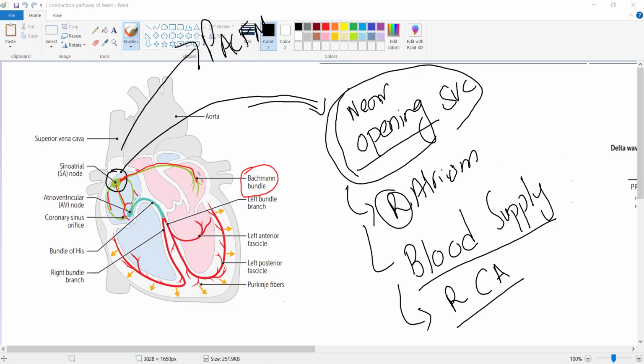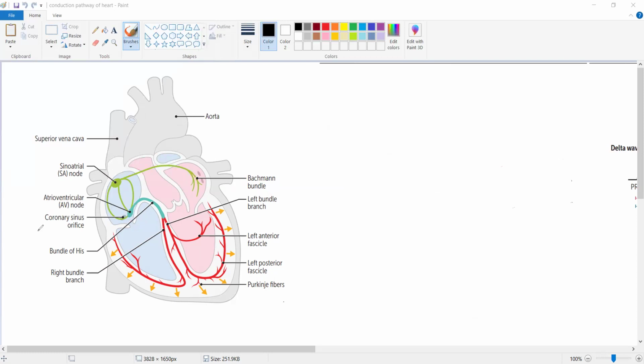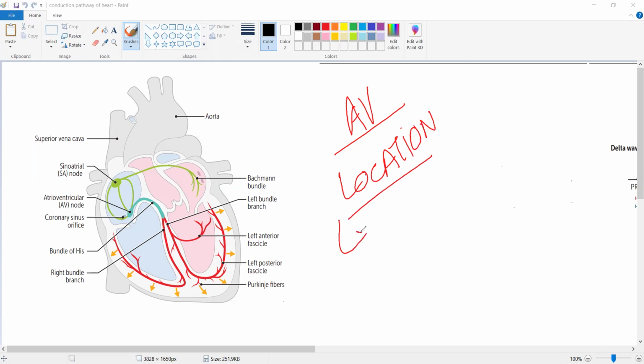So this is the AV node. Can anybody tell me the location of the AV node? The interatrial septum.